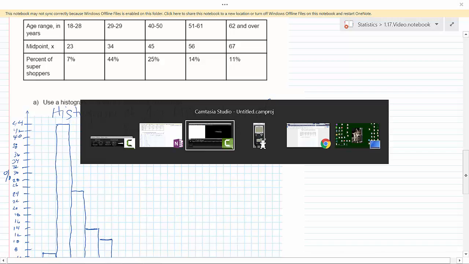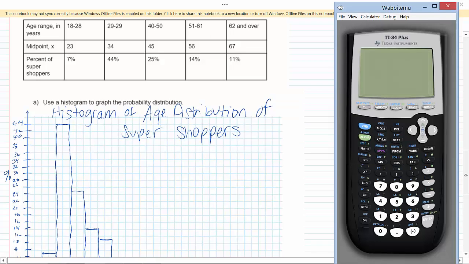And I'm also going to pull out my calculator and use the lists in my calculator. So I'm going to go to Edit. I'm going to clear L1 and L2. In L1, I'm going to put my x values, or in this case, my midpoints. And in L2, I'm going to put my probabilities.